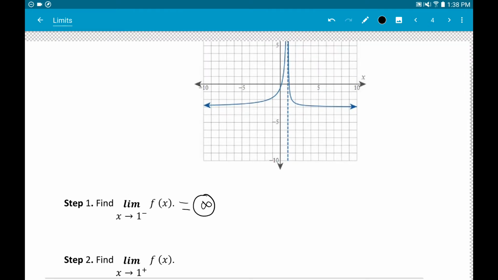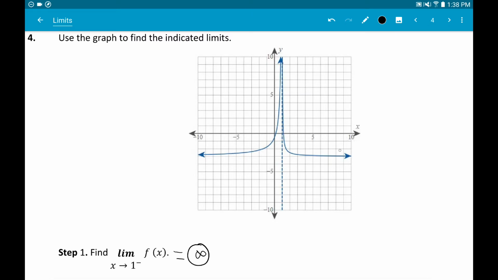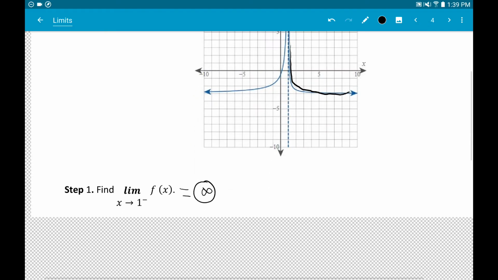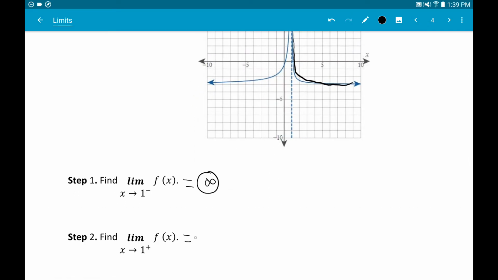Step 2 will be the right-sided limit. Well, coming in from the right side, we have a similar sort of situation. We never quite get to that vertical dotted line because it's an asymptote, and then there's an arrow at the top. So it also shoots upward toward infinity. Okay. So the right-sided limit is also infinity.